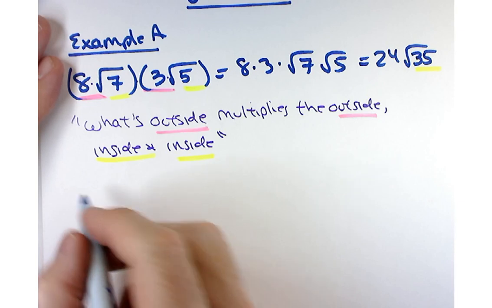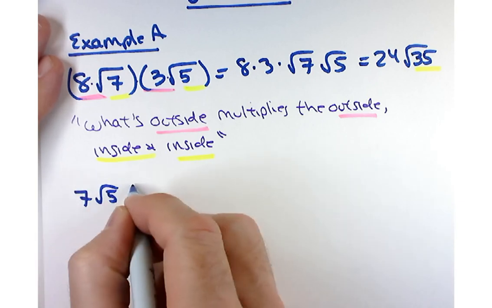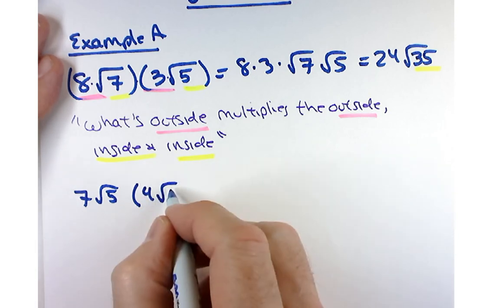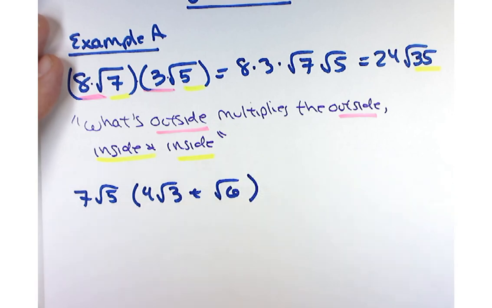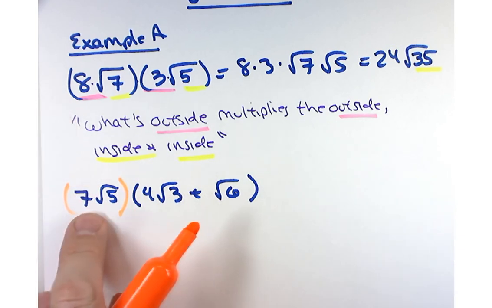So for example, like this, 7 times the square root of 5 times 4 square roots of 3 plus the square root of 6. Now when we multiply something like this together, really what's implied is that you have to distribute.